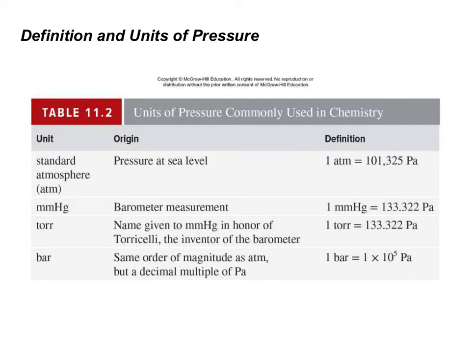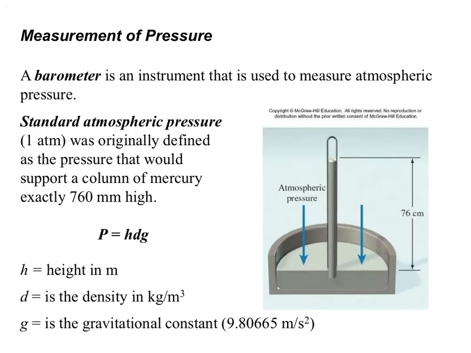So how do we measure pressure? A barometer is an instrument that is used to measure atmospheric pressure. Standard atmospheric pressure was originally defined as the pressure that would support a column of mercury exactly 760 millimeters high. The equation for this definition was pressure equals the height in meters times the density of the mercury in kilograms per meter cubed times g, which is the gravitational constant of 9.8 meters per second squared.